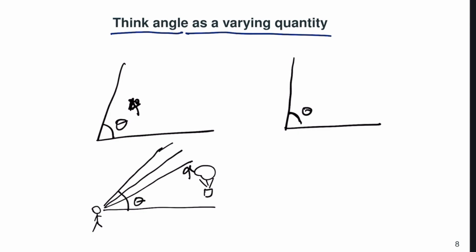As it changes, the cosine, sine, tangent value also changes. So always think of angle as an input value that is varying. It changes. Yeah, we put one angle at a time to evaluate sine, cosine, tangent, but in general, it's a varying quantity. Okay? It has multiple values. It's not a fixed quantity.